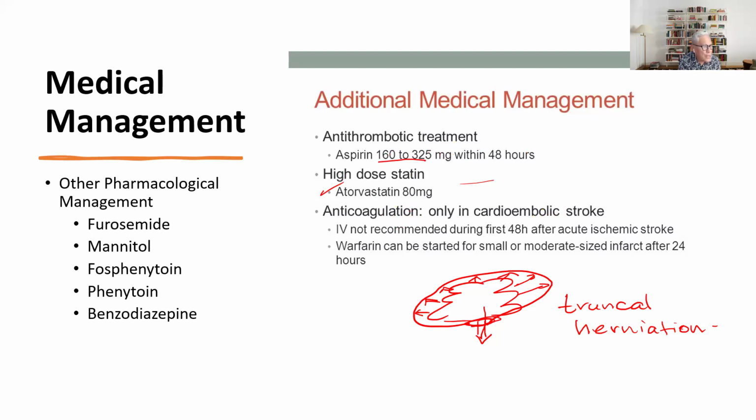This is not recommended during the first 48 hours after an acute ischemic stroke, but warfarin can be started for a small or moderate sized infarct after an MRI has been done at the 24-hour mark.